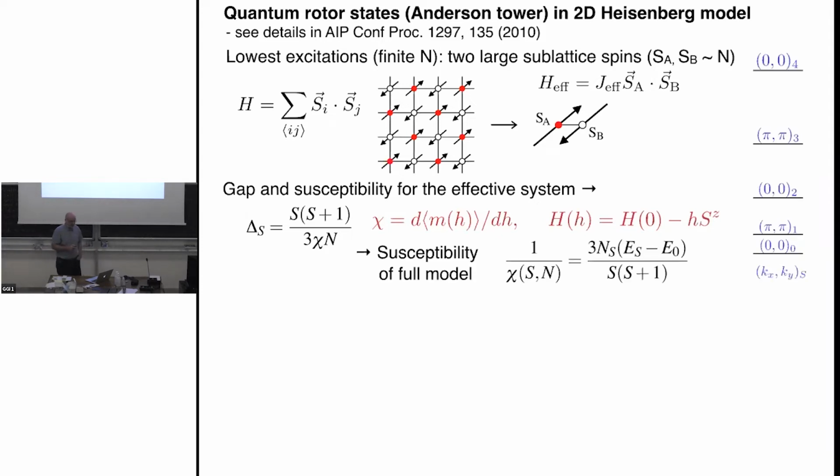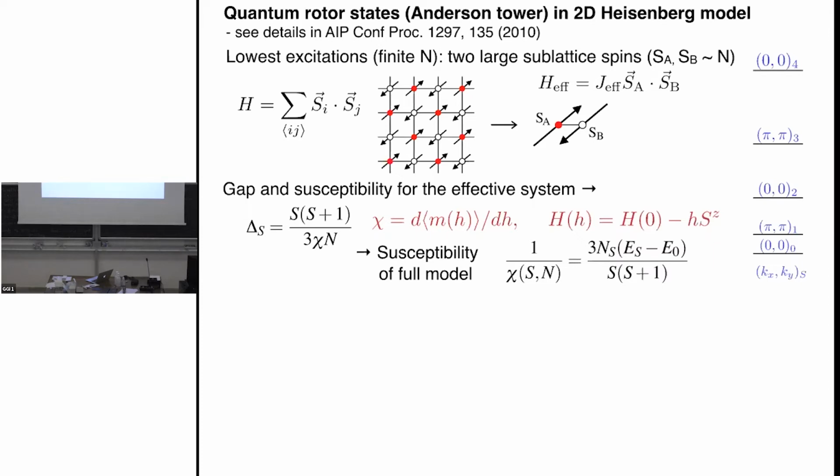So in principle, you can test that or even exploit it by saying, if that's true, and if I can calculate these gaps, so the gap is just E_S minus E_0, that gives me an estimate of, let's say, the inverse susceptibility.